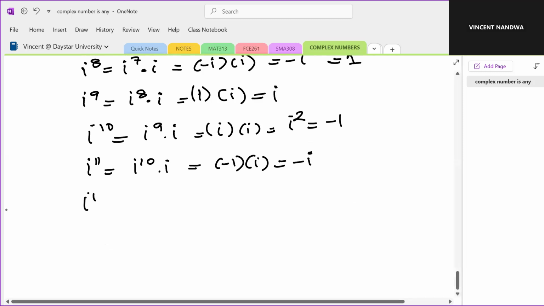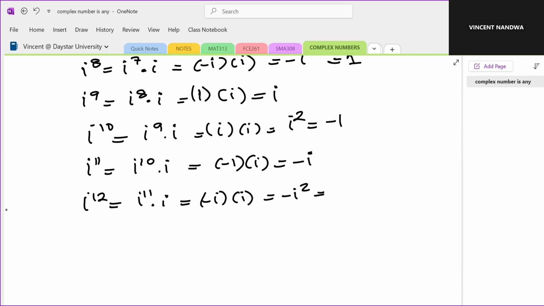Then i power 12 will mean i power 11 multiplied by i, which will be -i times i, which will give us -i squared. And you know i squared is -1, so this gives us +1.